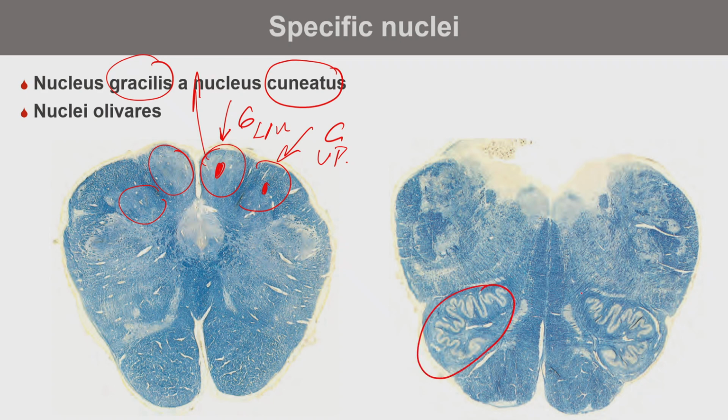Interesting is also this structure, which has this garland-like gray matter, which is called olivary. This is the inferior olivary nucleus. Olivary nuclei have a very important motor function for synchronization of automatic movements.